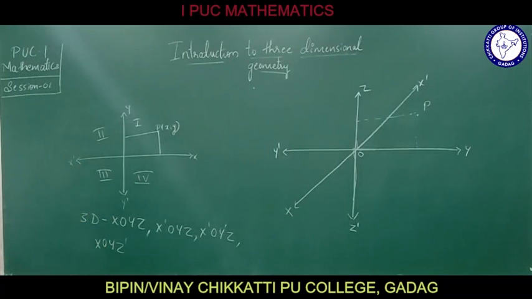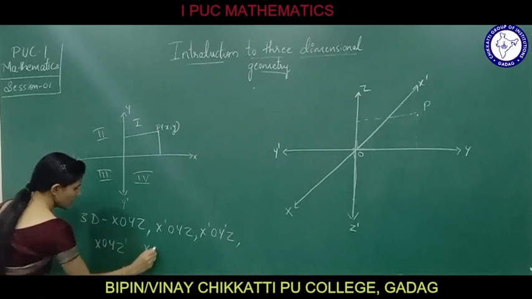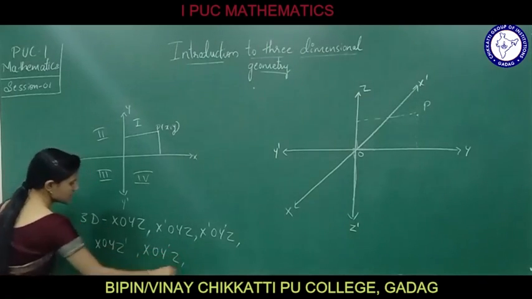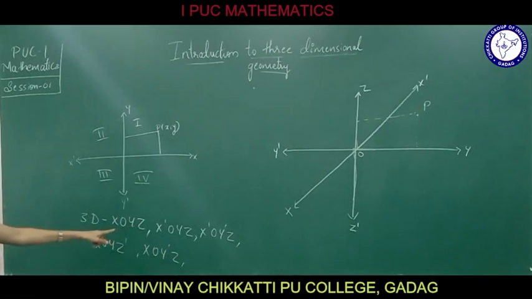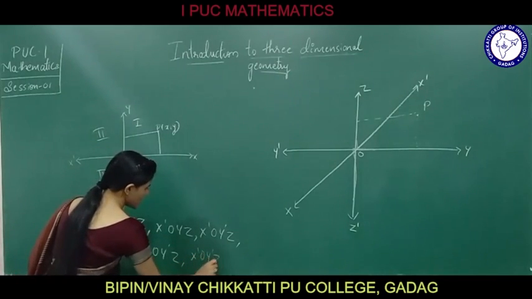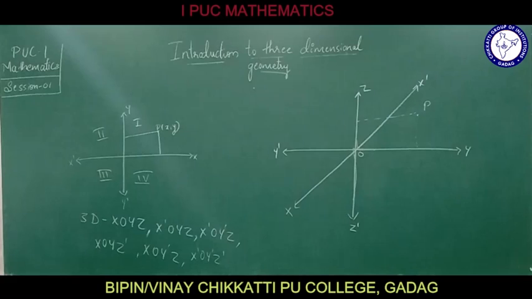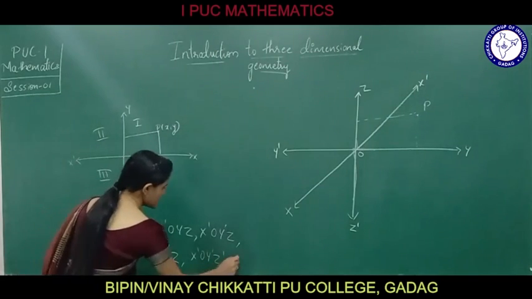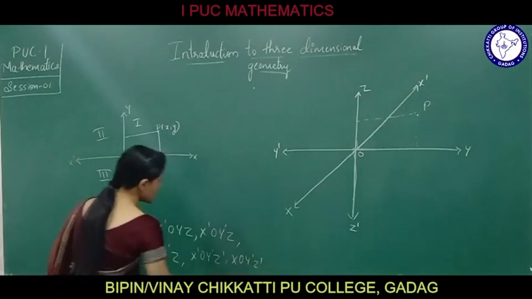So 1, 2, 3, and the fourth quadrant is X O Y Z dash. Then we have X O Y dash Z, which makes 5 quadrants. The next one is X dash O Y dash Z dash, and the other quadrant is X O Y dash Z dash.